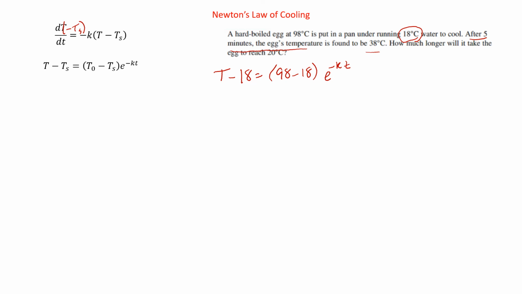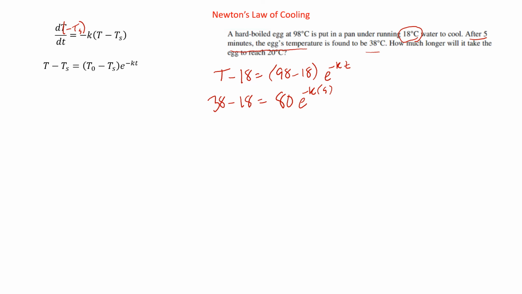So first, now we'd plug in our point. So t equals 5, temperature is 38. So we have 38 minus 18 equals 98 minus 18, this is just going to be 80, e to the negative k times 5. And so our rate is going to be in minutes because that's what we're using. We don't need to convert it to hours. It's going to be degrees Celsius per minute.